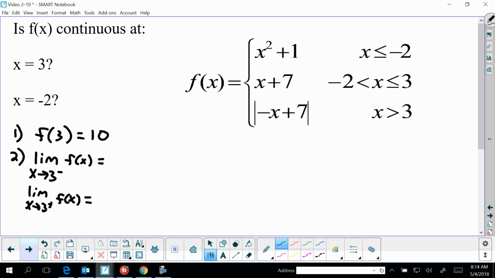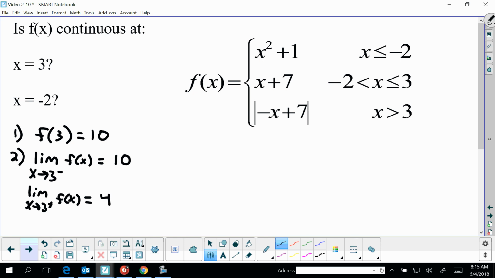So if we sub in 3 to that middle function, we get 10, because 3 plus 7 is 10. Coming from the right of 3, that would be like 3.1, 3.01. Well, that's that bottom interval. If we sub in 3 there, we'll get -3 plus 7, which is 4, and the absolute value of 4 would give us 4.